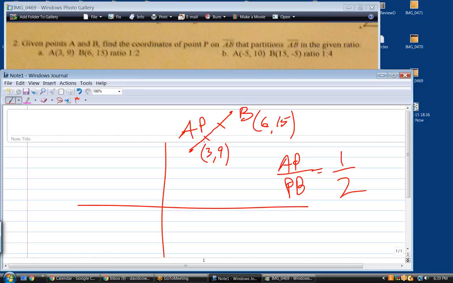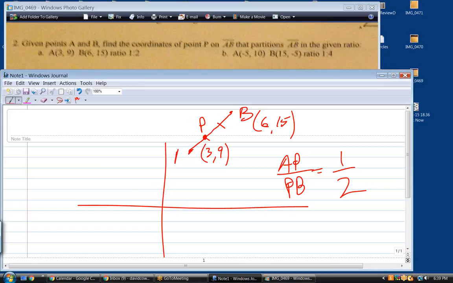The question I guess I have is, when they say the ratio is 1 to 2, do they mean A to P relative to P to B, or do they mean A to P relative to A to B? Probably, if they told you to break it up into 3, they mean A to P relative to P to B. Let me label this a little bit nicer here. This is P right there.